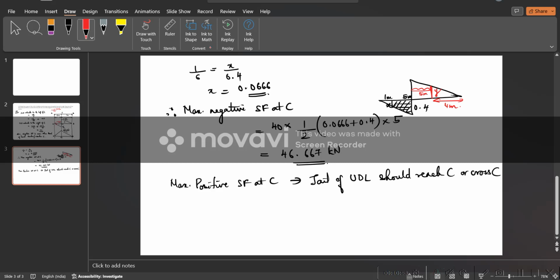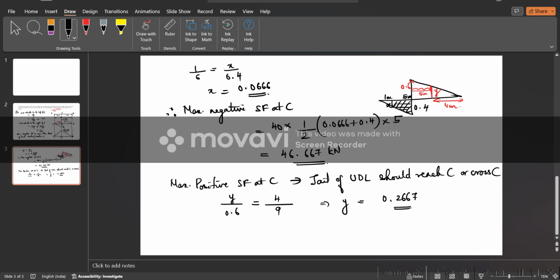You have to find what this ordinate y is, because this you have already found out as 0.6. I'm referring to the same figure which I have shown above. So from similar triangles, I can write y divided by 0.6 is equal to 4 divided by 9. So from this, I'll get y as 0.2667.